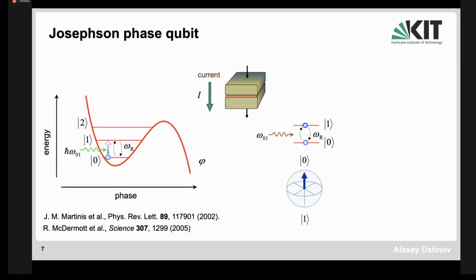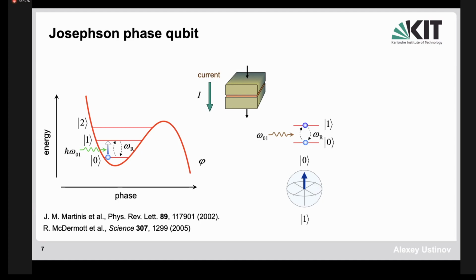Instead of applying continuous wave microwaves, which they did at that time to observe spectroscopy of the energy levels, they applied now microwave pulses, like you do in magnetic resonance technique, when you apply classical radiation at the frequency of the transition between ground state and excited state, like we do it in the atom. What happens is that your system, under the effect of classical radiation, coherently evolves between the ground and excited states.